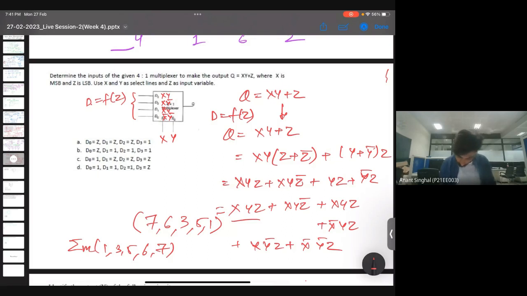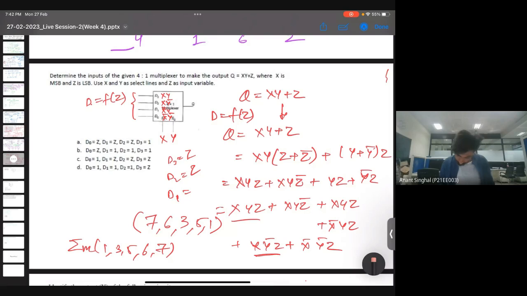So for xy, what we are having, xy, we are having z. So d3 is z. Then for xy bar, we are having this term only, which is z. Then for d1, we are having x bar y. X bar y is this.